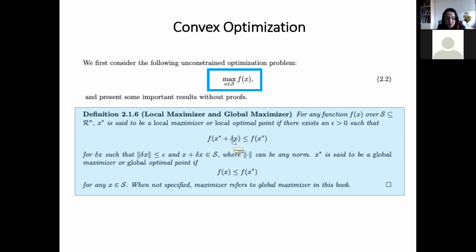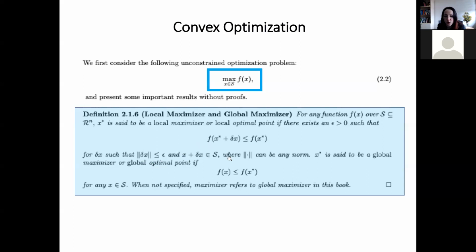We think of this delta x as a small displacement, because we're not talking about a global maximum here at the moment, we're talking about a local maximum at this point.